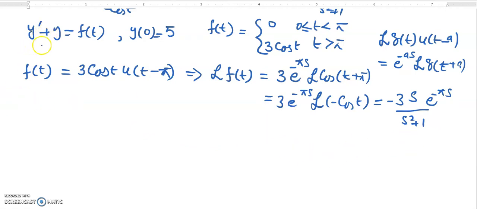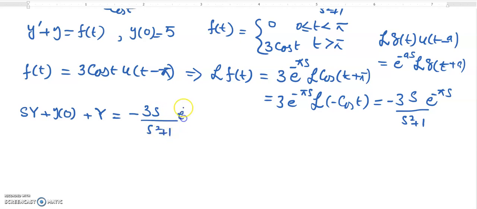Now we take the Laplace transform of this differential equation. The Laplace of y prime is s capital Y minus y of 0, and for y it is capital Y, and for f we have already found this Laplace transform, minus 3 s over s square plus 1 times e power minus pi s.